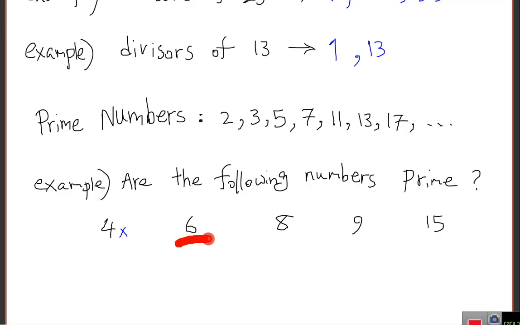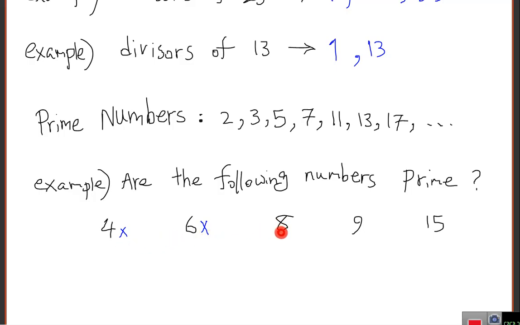What are the divisors of 6? The divisors of 6 are 1, 2, 3, and 6. Very good. So it has more than 2 divisors. The only prime numbers are those whose only divisors are 1 and themselves. It has 2 and 3 also. It has 2 also.